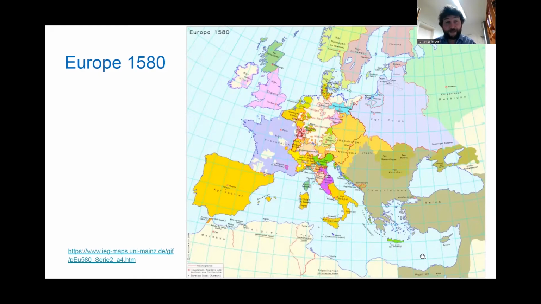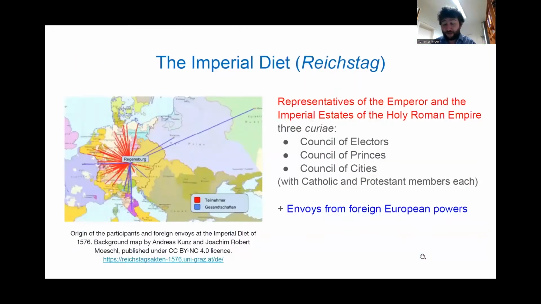From the 25th of June to the 12th of October 1576, Emperor Maximilian II, his councillors, and more than 200 representatives of the imperial estates deliberated and decided on the political fate of Central Europe in Regensburg, a city on the Danube.